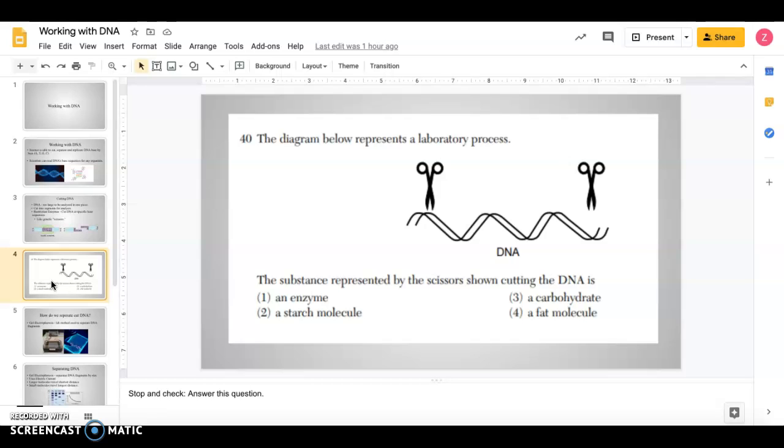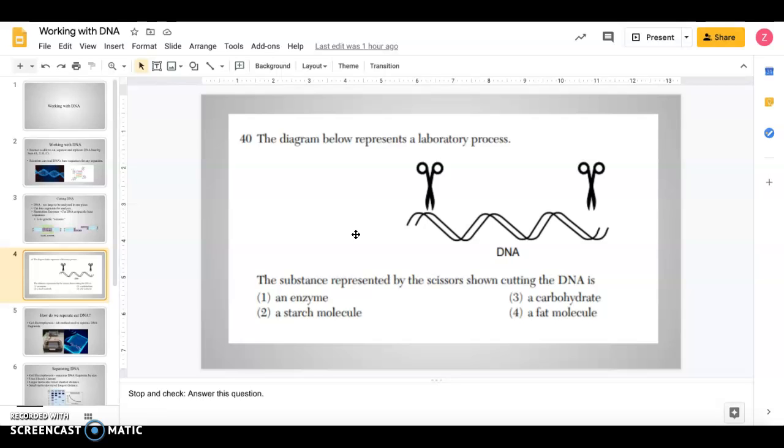So let's stop and examine this question. The diagram below represents a laboratory process. We see a picture, DNA is being cut with what we'll call scissors. So the substance represented by the scissors shown cutting DNA is 1. An enzyme, 2.